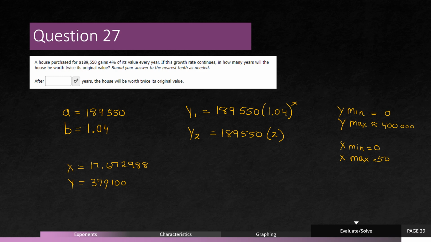But it says round to the nearest tenth. So if I look at that, I can get my answer. It's between 17 and 18 years, so approximately 17.7 years. It is now doubled in value.